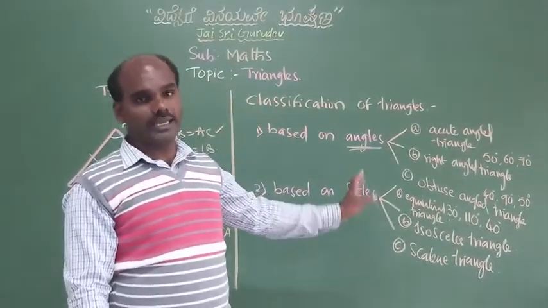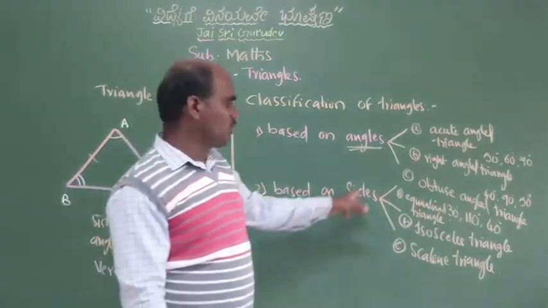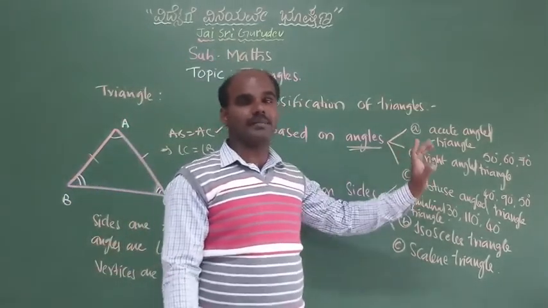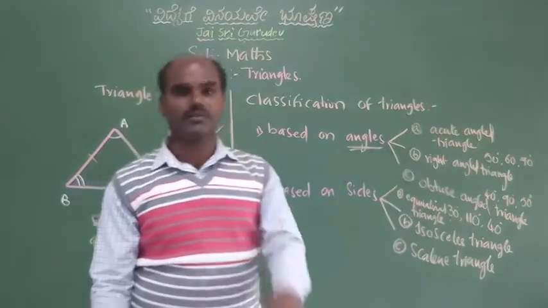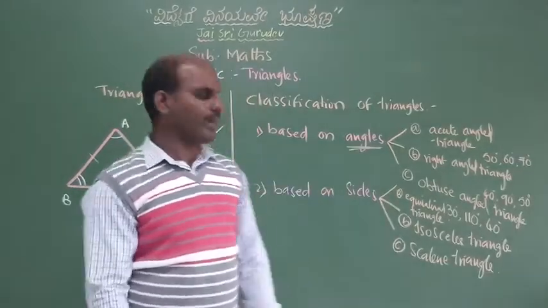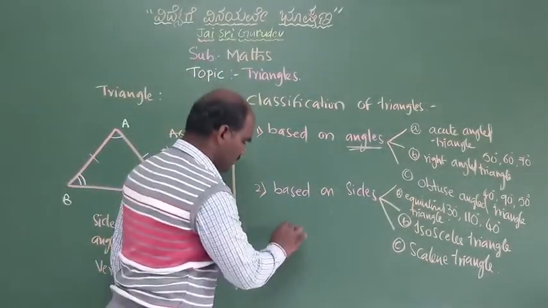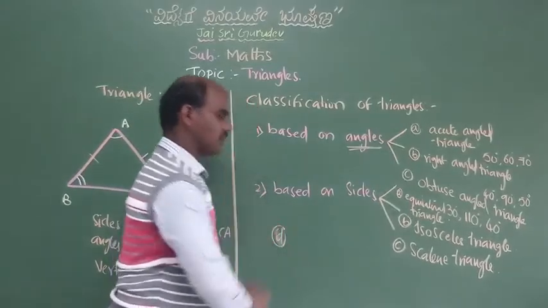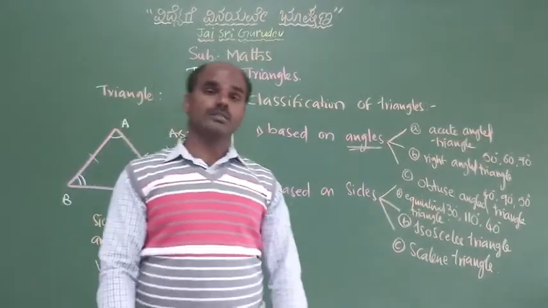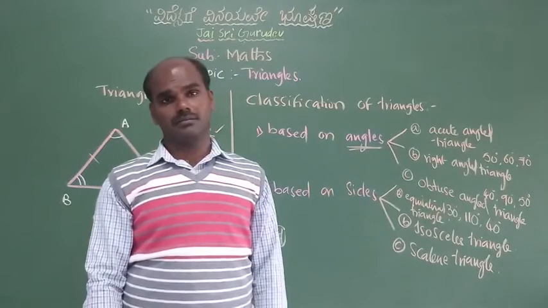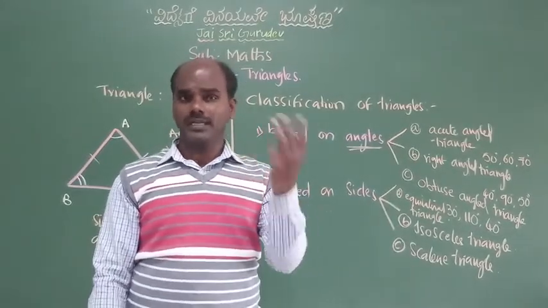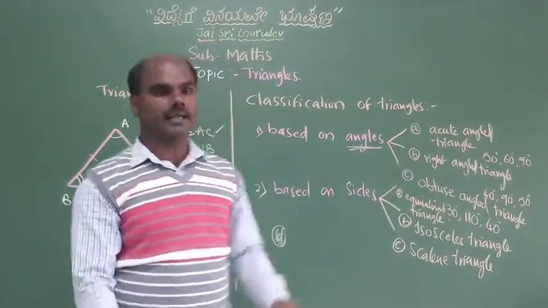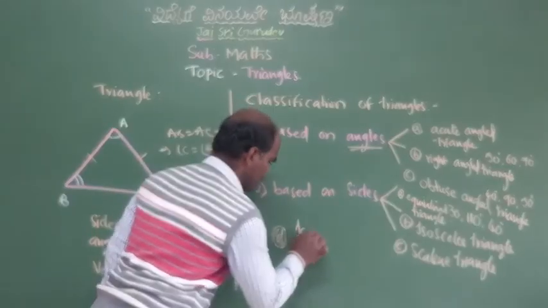Next, there is a triangle that mixes the classification based on angles and the classification based on sides. It is called an isosceles right angle triangle.